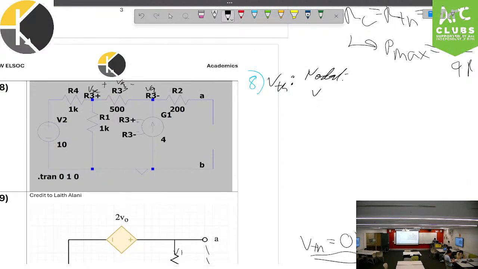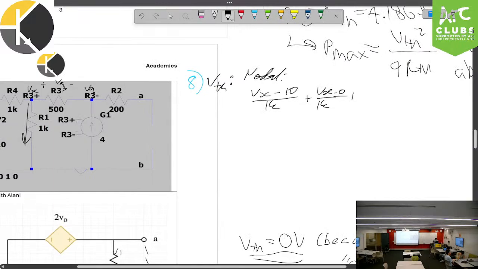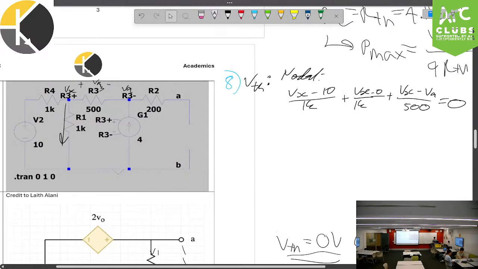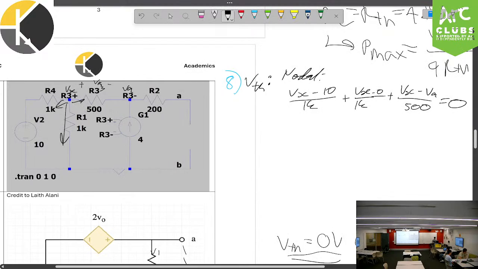So we have Vx minus 10 on 1k, plus Vx on 1k because it's minus 0 going straight down to ground through R1, and then we add Vx minus Va on 500. That's the sum of currents going out, which I'm calling 0, because I'm taking current going out of these three directions.